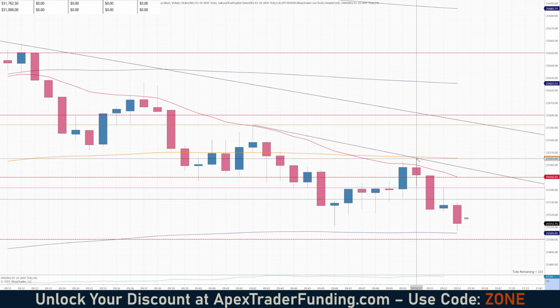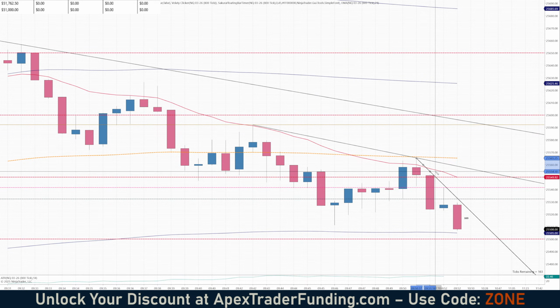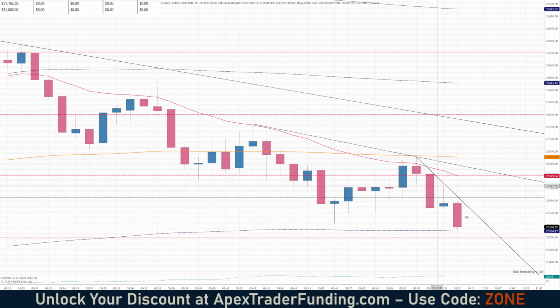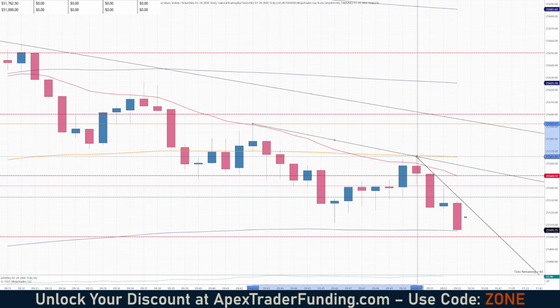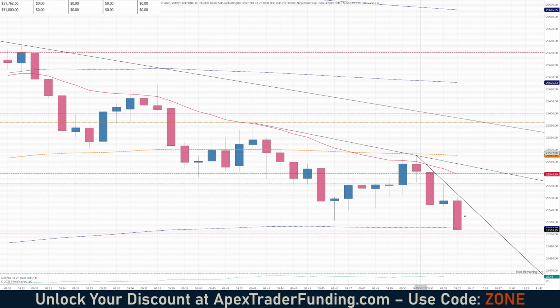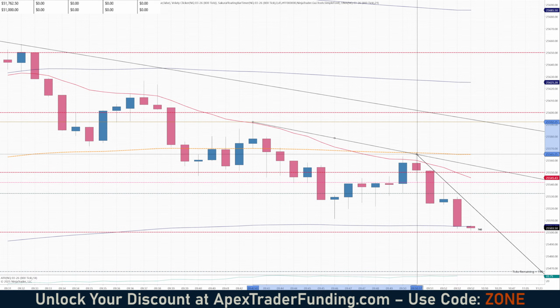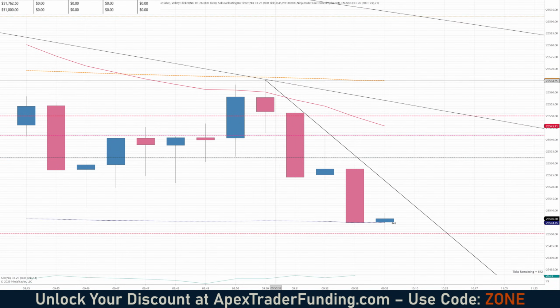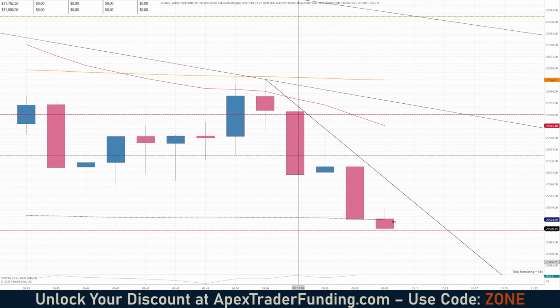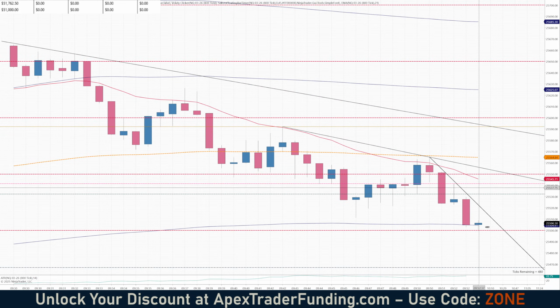We can draw a new micro trend line down. Adjust this macro trend line down. Zoom in. There we go. Our runner is running.